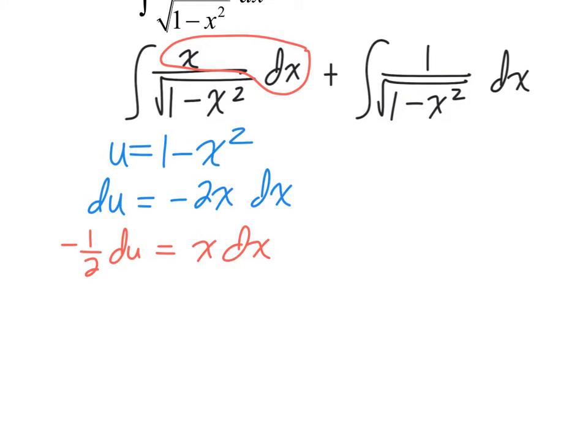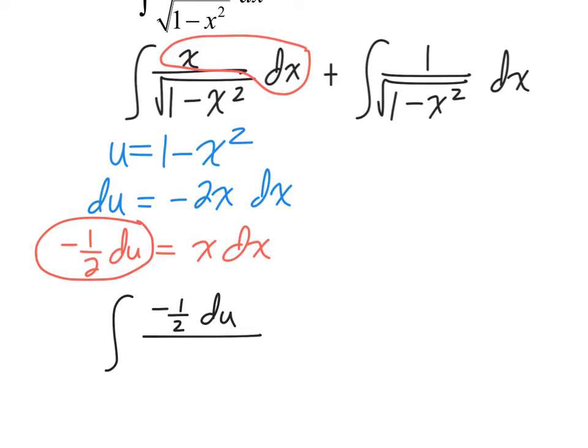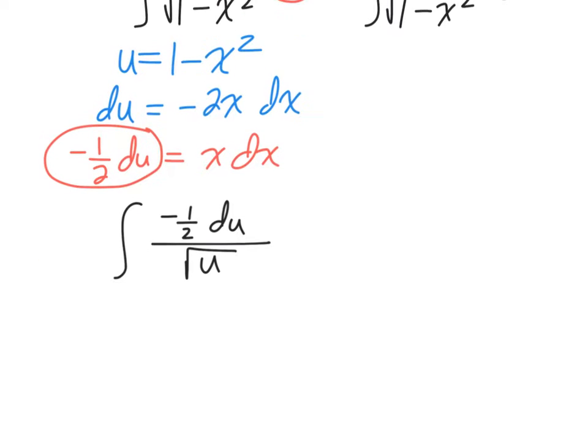That could be a mental step if you want. You can go right from the du equals negative 2x dx to your substitution. I just find that it can be a little trickier to see it unless you actually do the work. In a lot of cases, not in all cases. So negative 1/2 du over the root of u, but you want to clean that up because that's not a convenient form.